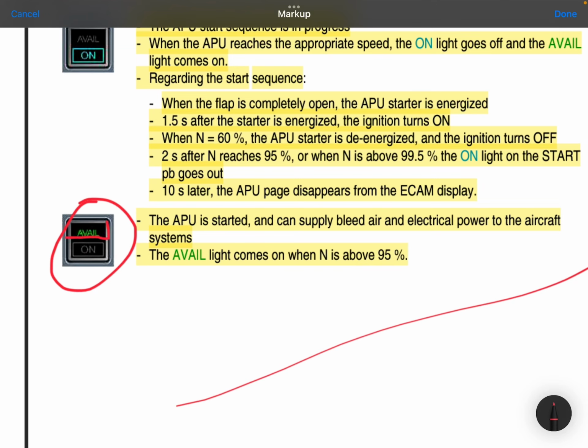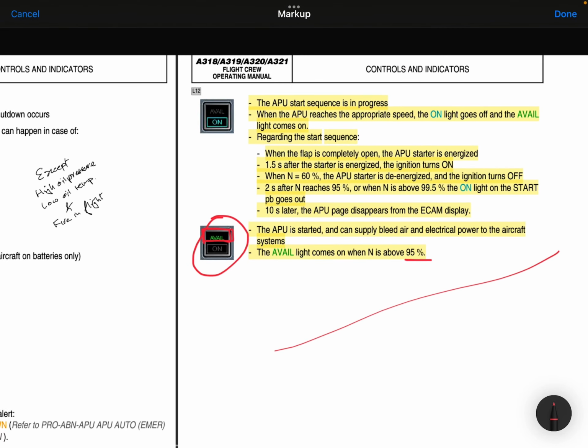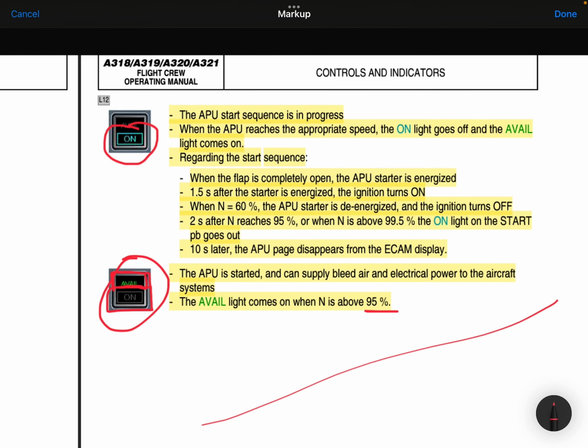It means APU is available for use. It only comes above 95% of N. Remember it. When does the on light come? This on light comes when the starting sequence is in progress.